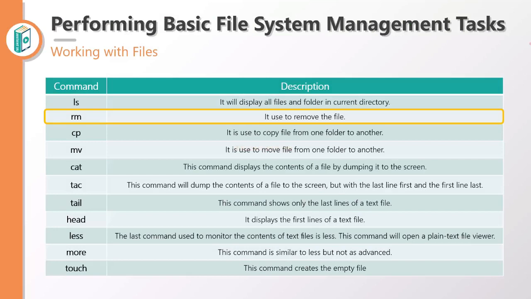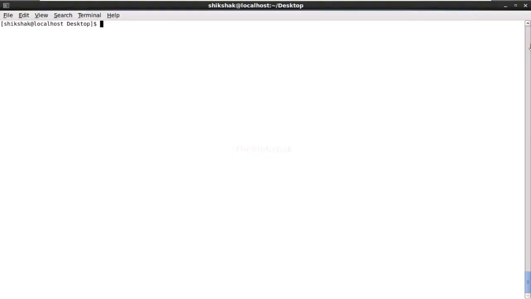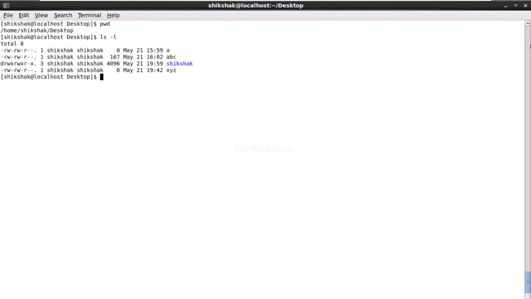Next command is cp. It is used to copy a file from one folder to another folder. So now we are on the desktop. pwd. So if I want to copy the xyz file to the Shikshak directory, I will use the command cp xyz Shikshak.